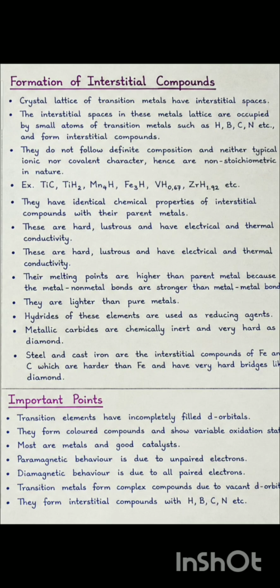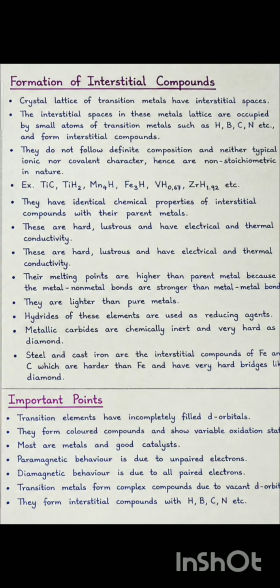And next one is formation of interstitial compounds. The crystal lattice of transition metals has interstitial spaces. The interstitial spaces in these metal lattices are occupied by small atoms such as hydrogen, boron, carbon, nitrogen, etc., and form interstitial compounds. They do not follow definite composition and are neither typically ionic nor covalent in character, hence are non-stoichiometric in nature.